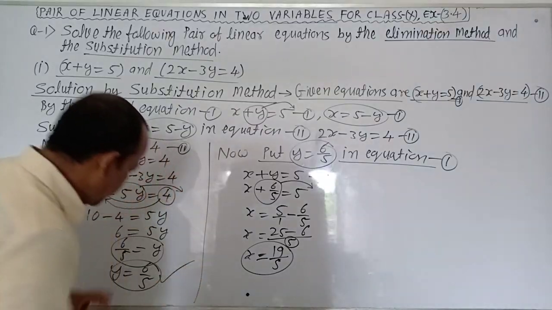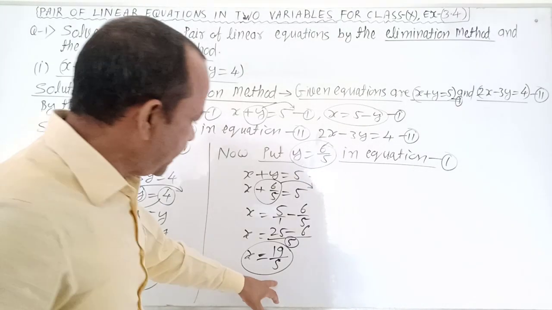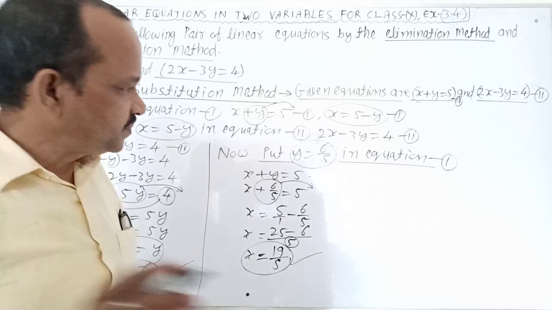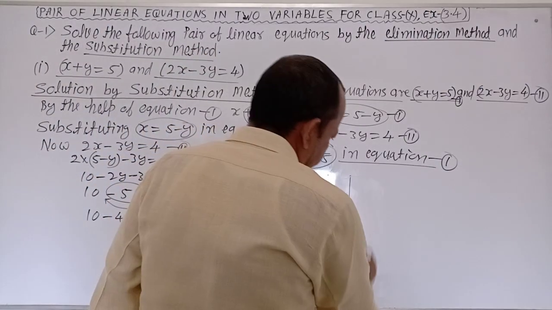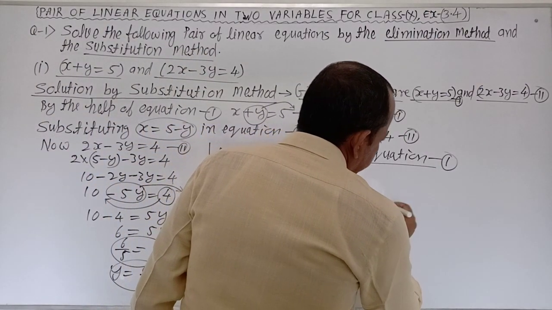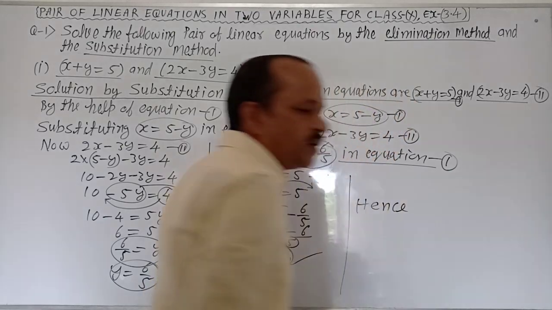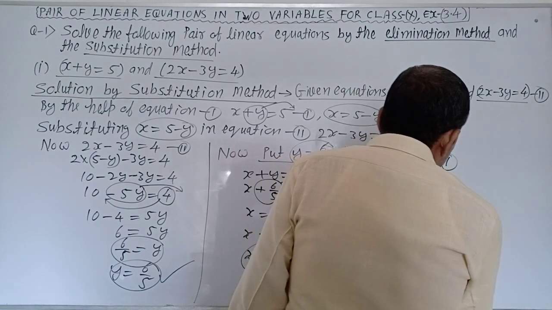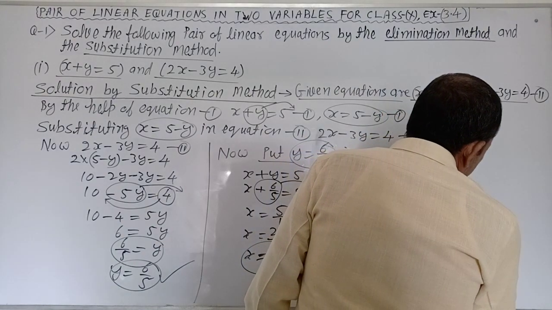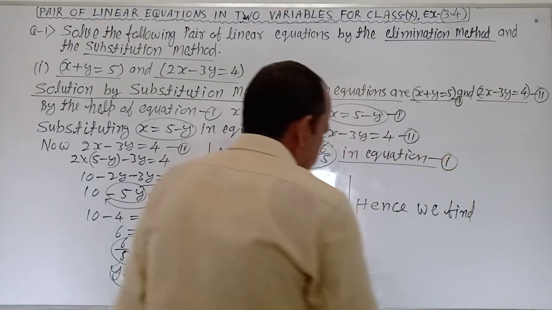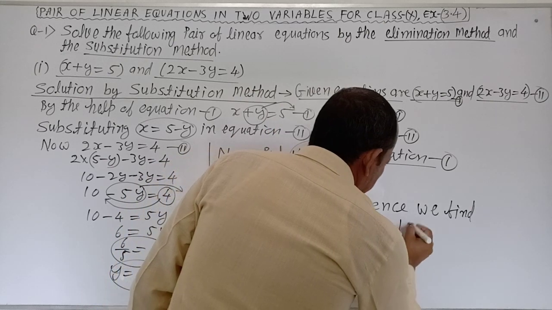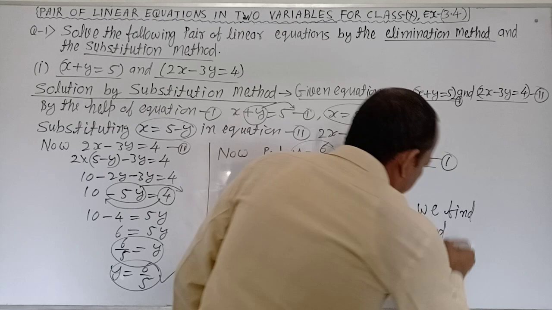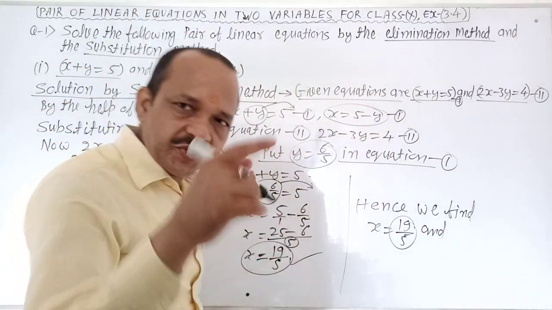You find y equal to 6 by 5 and x equal to 19 by 5. Clear? Hence we find x equal to 19 by 5 and y equal to 6 by 5.